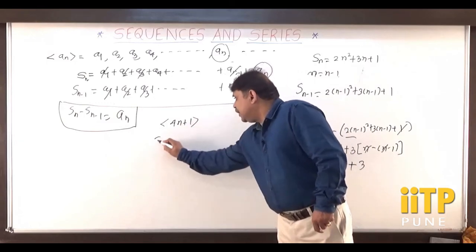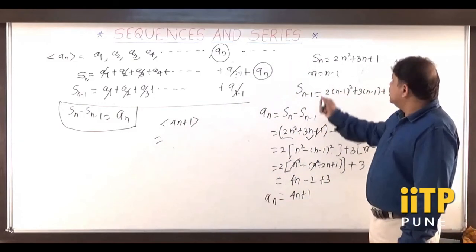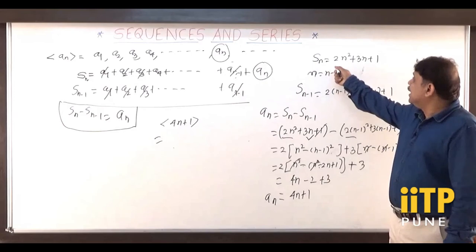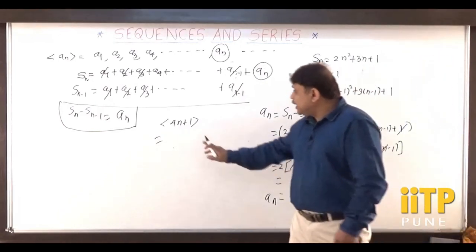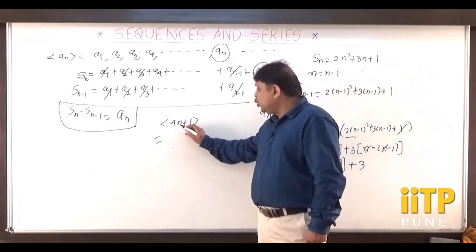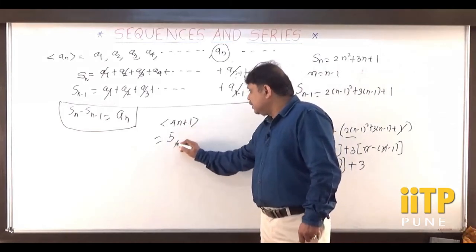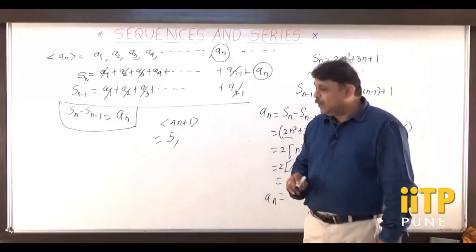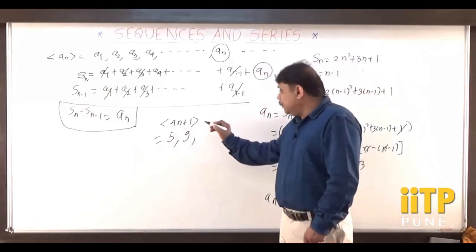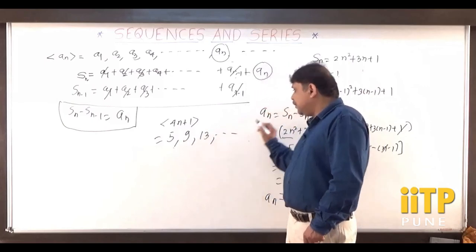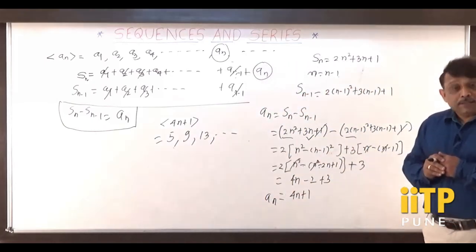So the whole sequence whose sum of the first n terms is given by the formula 2n square plus 3n plus 1 can be obtained. Put n equal to 1, you get 4 into 1 plus 1 is 5. 4 into 2, 8 plus 1 is 9. 4 into 3, 12 plus 1 is 13. Likewise, we are getting the sequence.